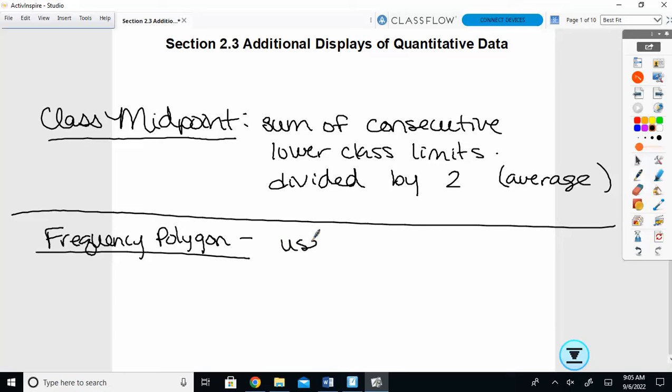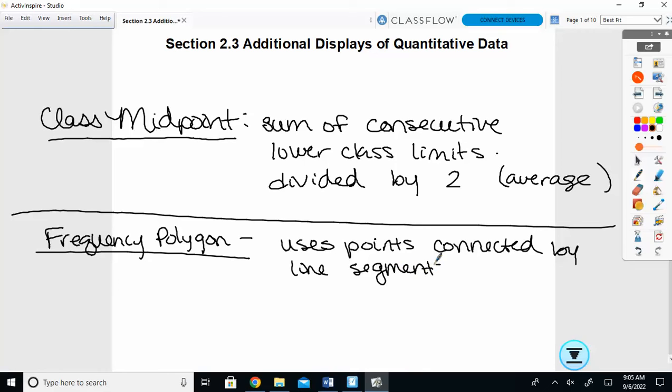So we use points connected by line segments to show class frequencies.